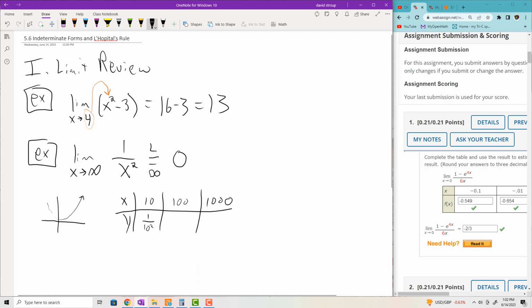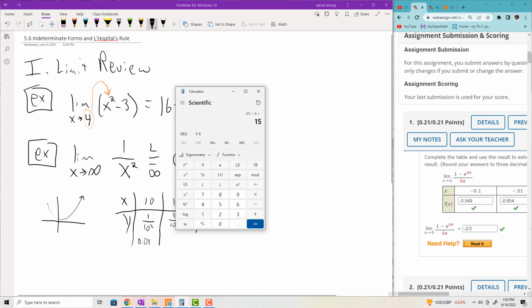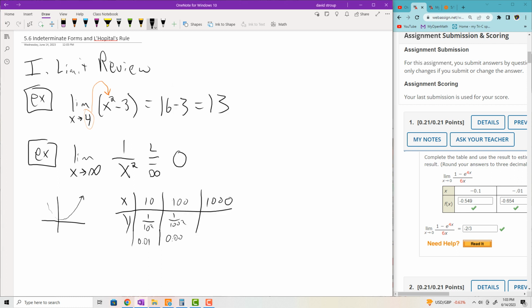So you get 1 over 10 squared, which is 1 over 100, which is 0.01. And 1 over 100 squared equals 0.0001. You're getting closer and closer to what? Well, to 0, right? So the limit is equal to 0.